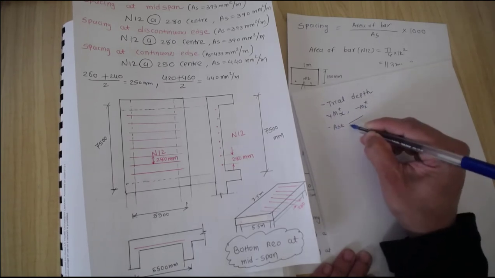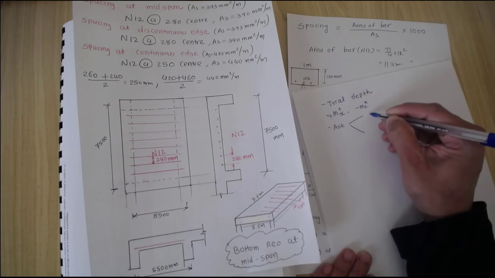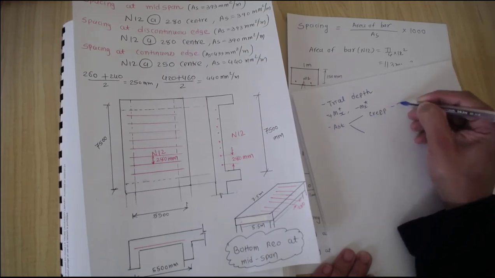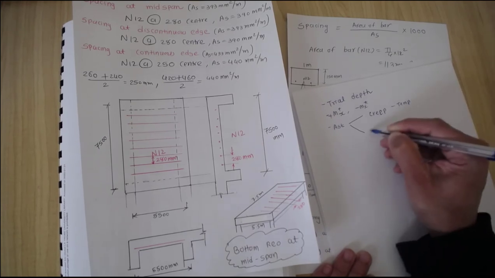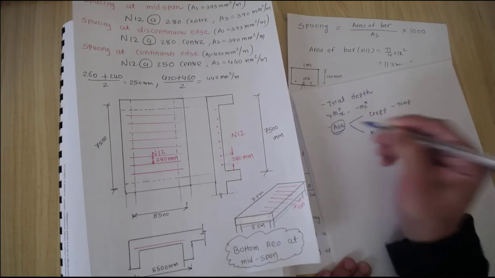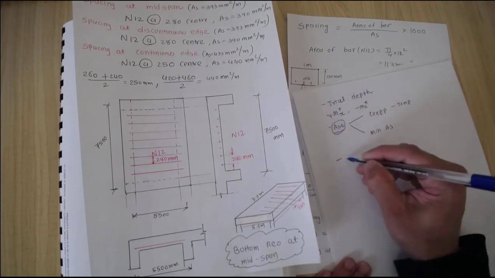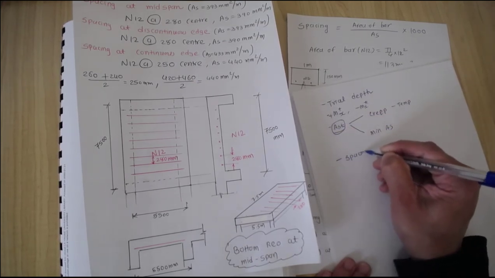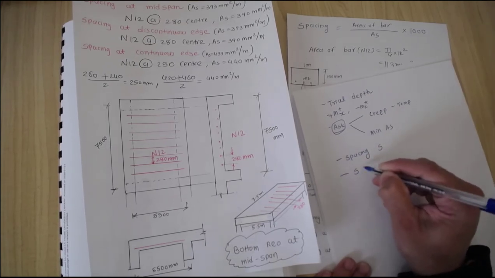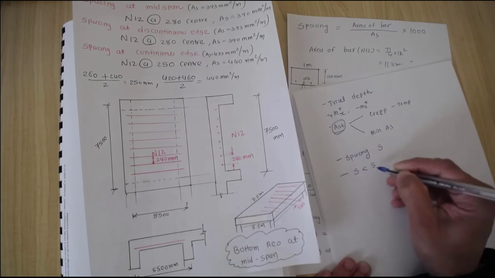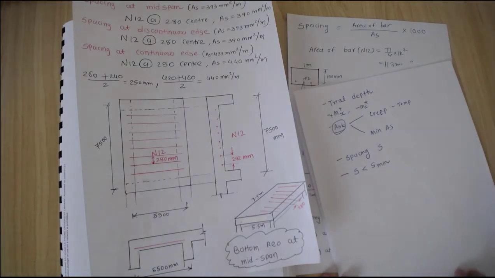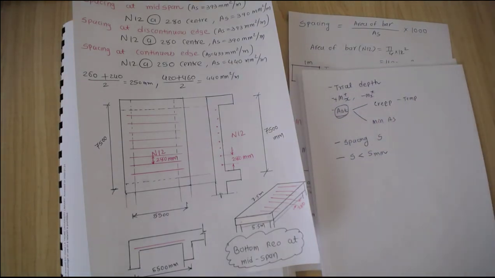Then we did two checks here: one for creep and shrinkage and temperature control effect, and we also satisfied the minimum Ast requirement, and we need to pass both checks. Once you pass that, you calculate the spacing of the reinforcement, and once you calculate the spacing, you make sure that the spacing satisfies the limit. So that's the final calculation that we did. So we then followed those steps.